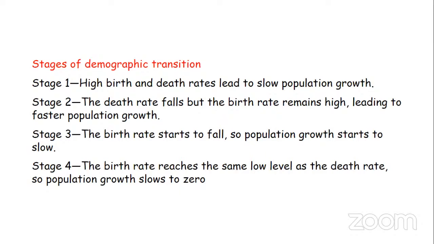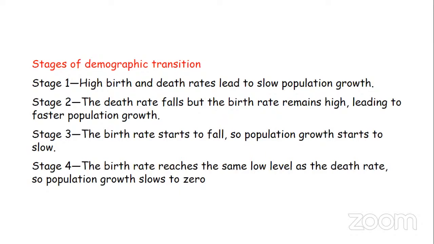So in the first stage, both birth rate and death rate are high, which leads to slow population growth. In the second stage, the death rate starts to decrease, but the birth rate remains high, which leads to faster population growth. In the third stage, the birth rate also starts to decrease, so population growth slows down because there is a low birth rate.